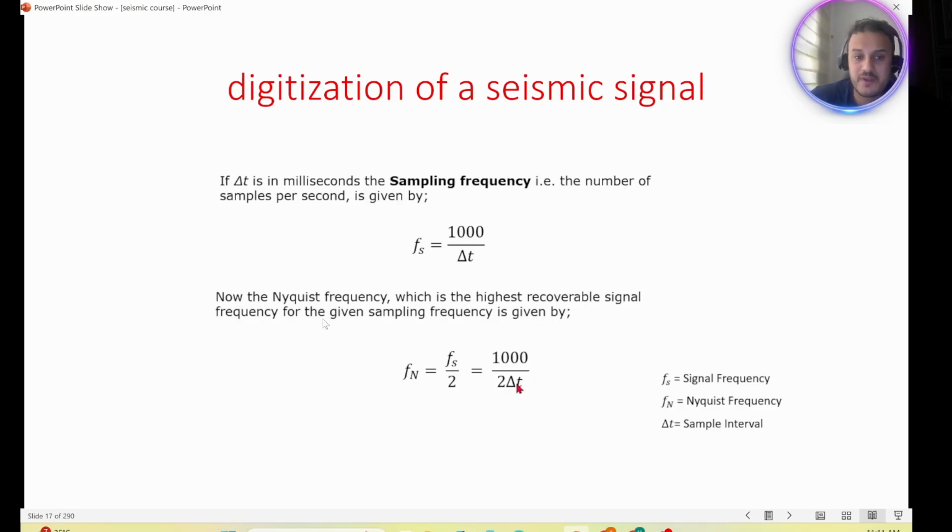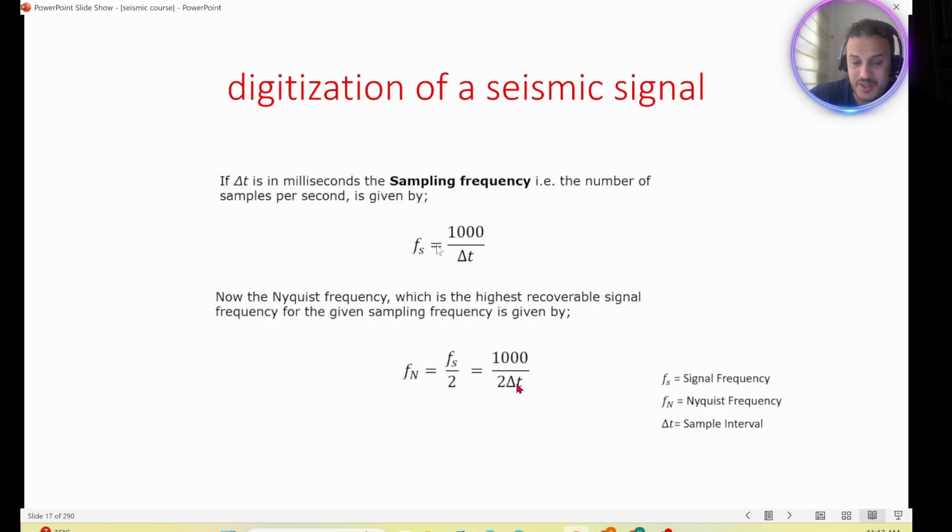And now we have the Nyquist frequency. What is the Nyquist frequency? It's the highest recoverable frequency for the given sampling frequency, and it is given by the sampling frequency divided by 2.